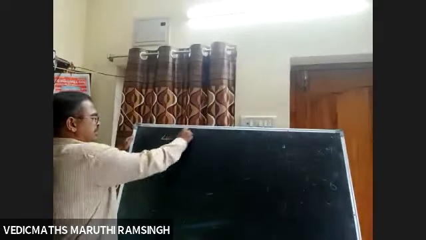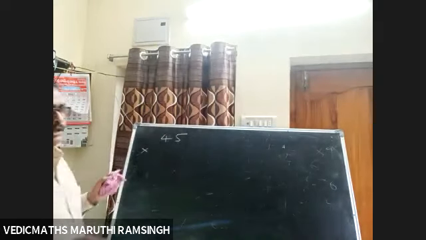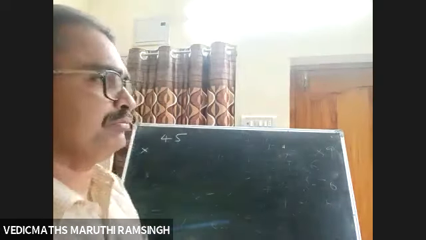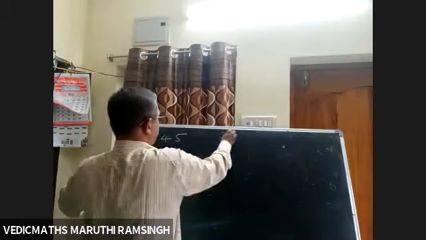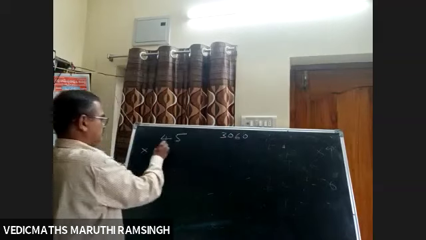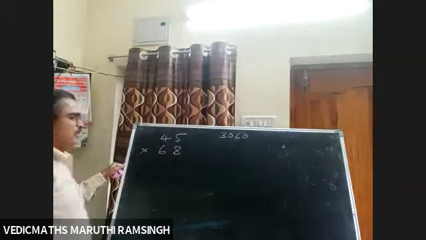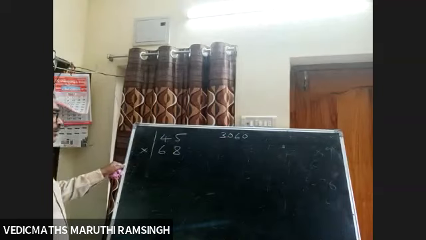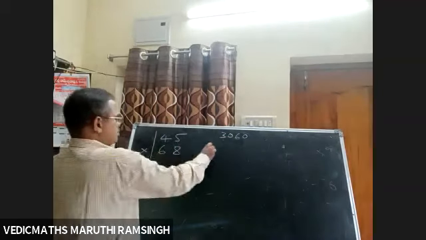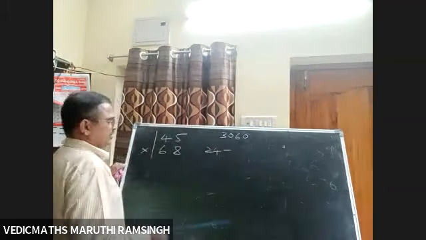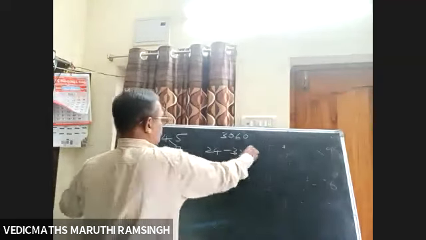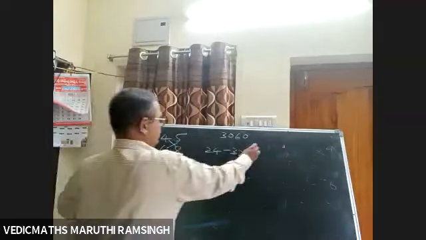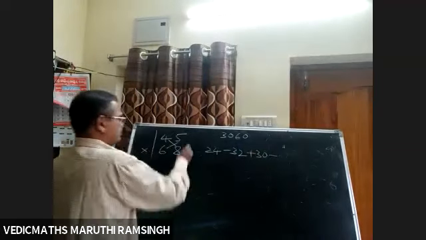45 into, tell me any double digit number. 68. 3060. Vertical, 4 times 6, 24 dash. Crosswise, 4 into 8, 32 plus 6 into 5, 30 dash.